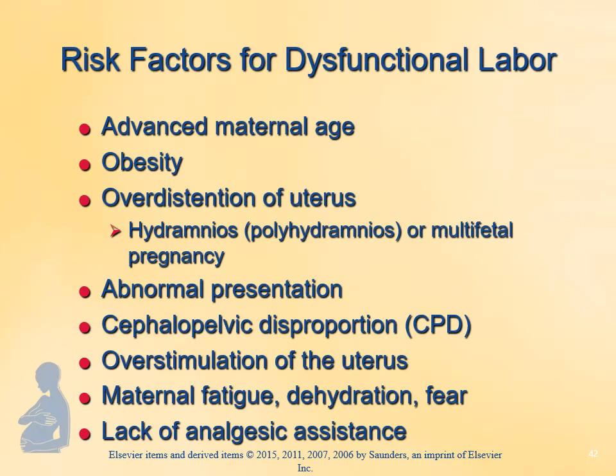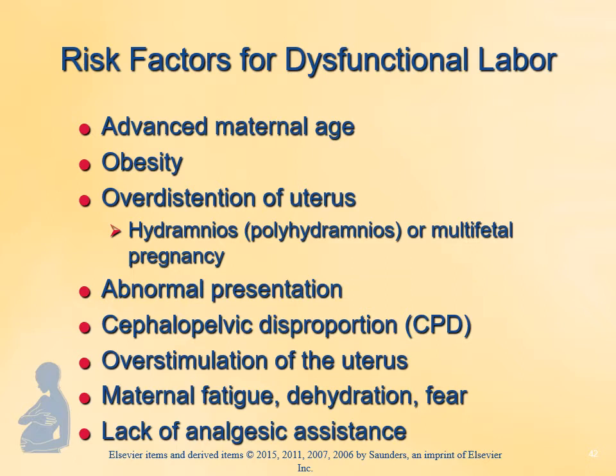So some risks for a dysfunctional labor could be advanced maternal age, and remember that's usually going to be anything over the age of 35. Obesity, over-distension of the uterus, either from too much fluid, so we call that polyhydramnios, or maybe multiple fetuses. We could have an abnormal presentation. So maybe the baby is technically head down, but that head is in there kind of cockeyed, and so it's not coming through the pelvis like it should.